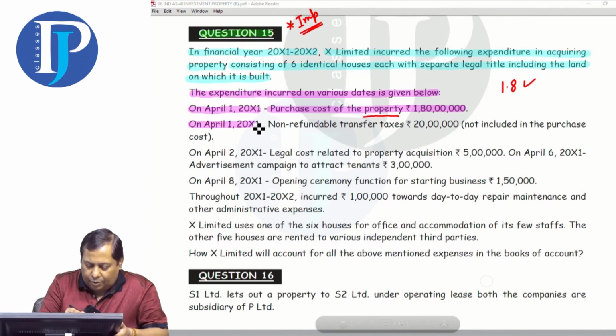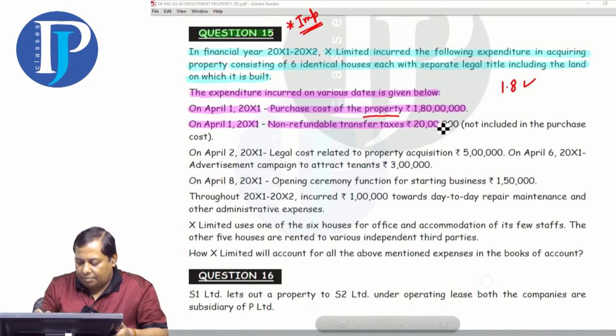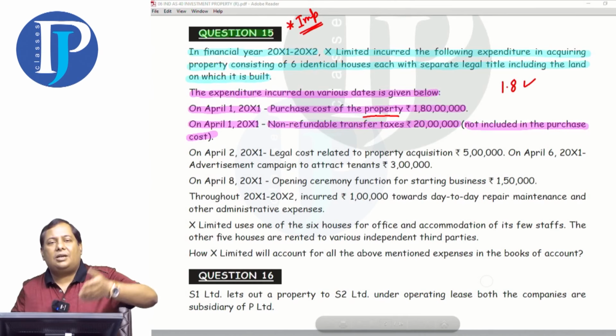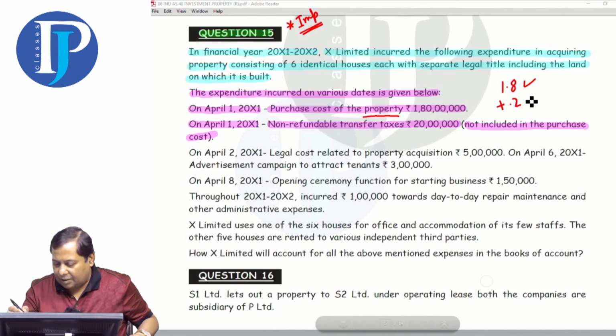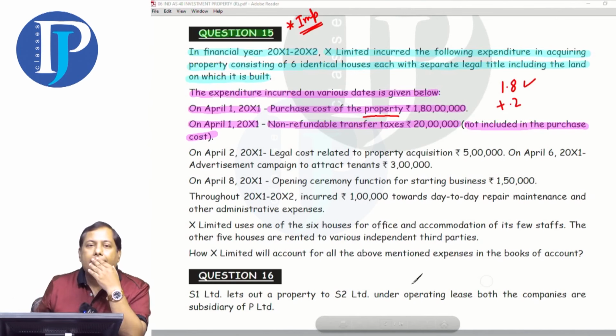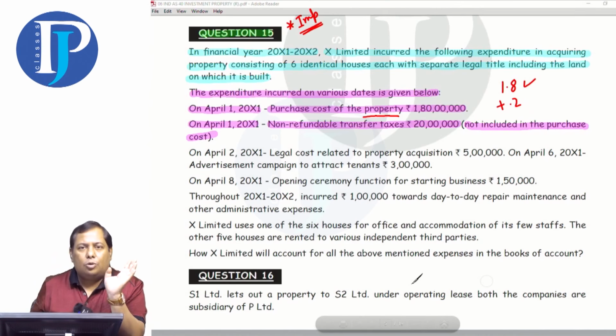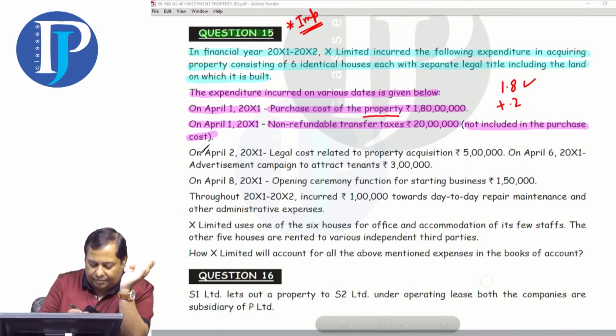Then on the 1st of April, they spent approximately 20 lakhs for the non-refundable transfer taxes. And this is not included in the purchase cost. This is obvious. We pay the purchase price to the vendor and the transfer cost to the government. So I have spent another 20 lakh rupees. 1 crore 80 lakhs plus 20 lakhs is 2 crores. Let's move on.